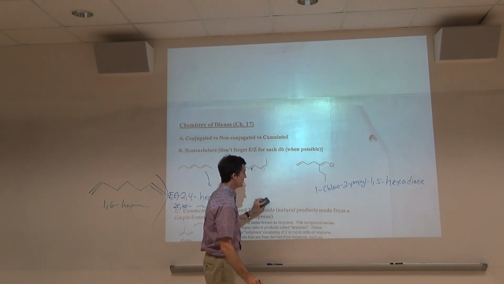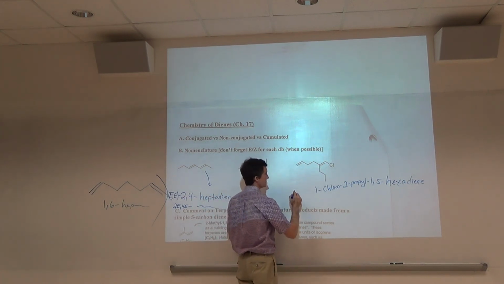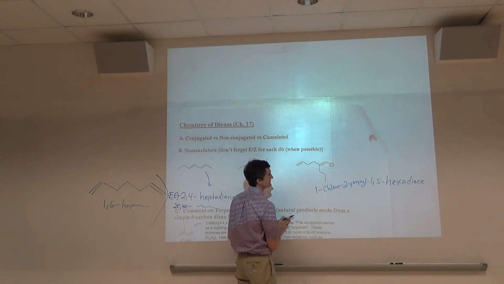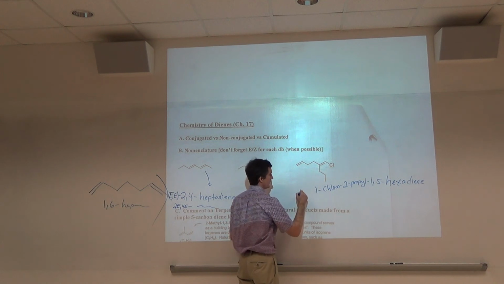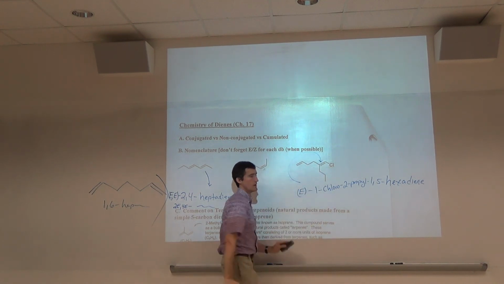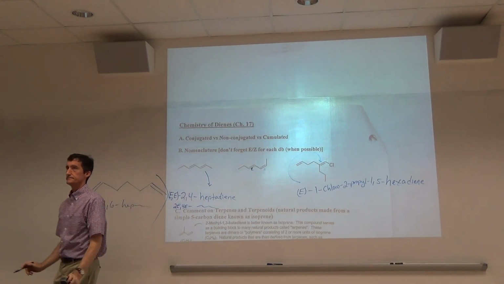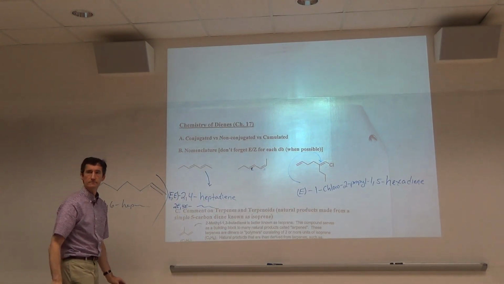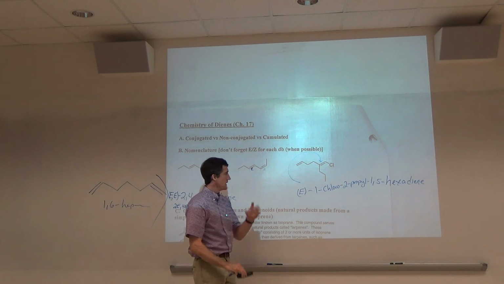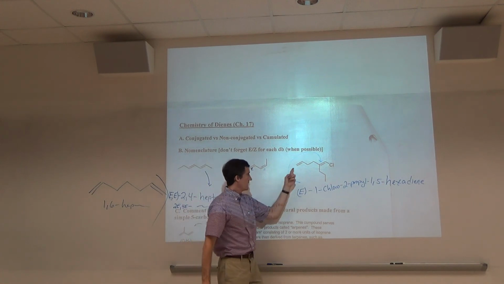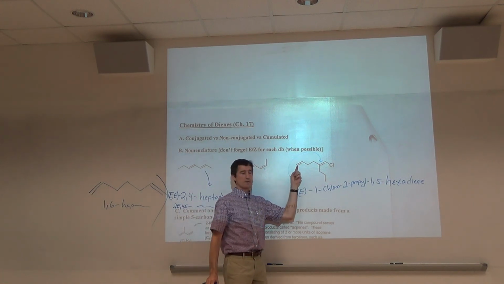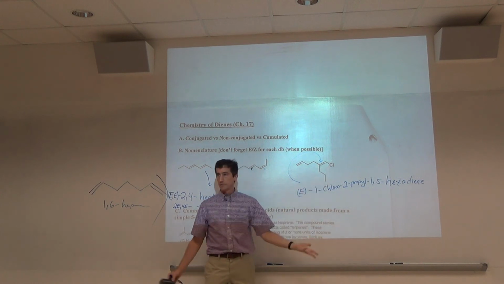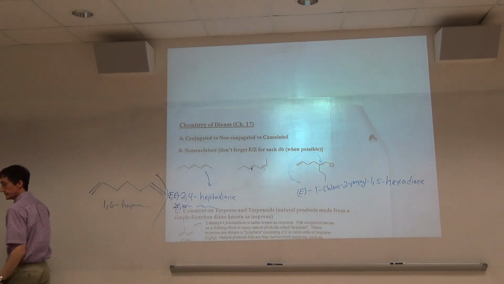What do we need to put in front? E. So that's E. There's no E or Z needed on the other double bond. Obviously the E goes with the things that it goes with.